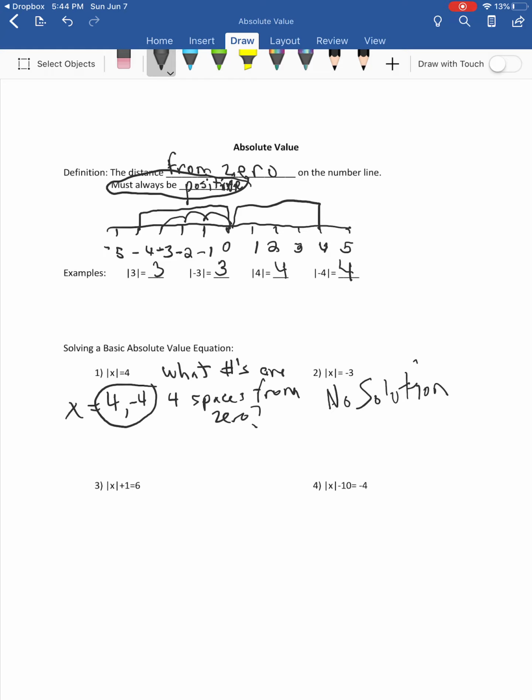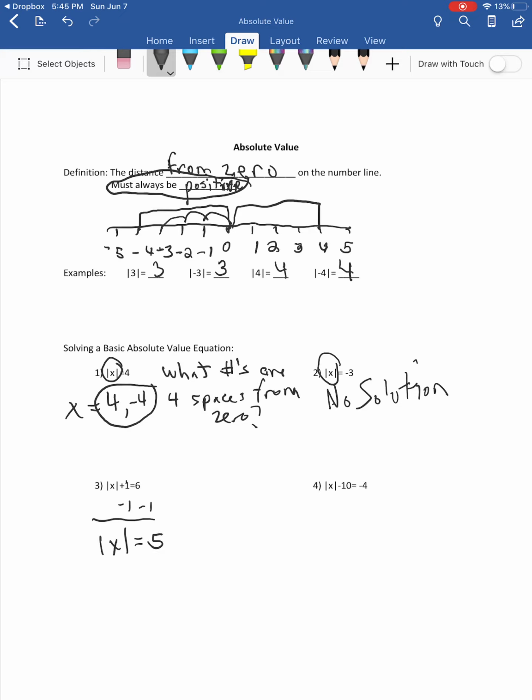Okay, number 3, you should notice is a little different. In number 1 and 2, the absolute values were isolated, okay? And they have to be in order to solve. So before you can solve, you want to get rid of this +1. So we're going to move it over to the other side with subtraction. That gives us the absolute value of x is equal to 5.